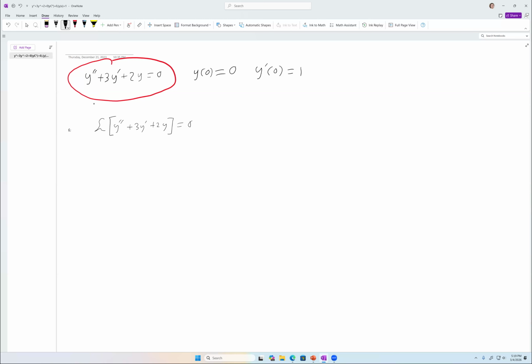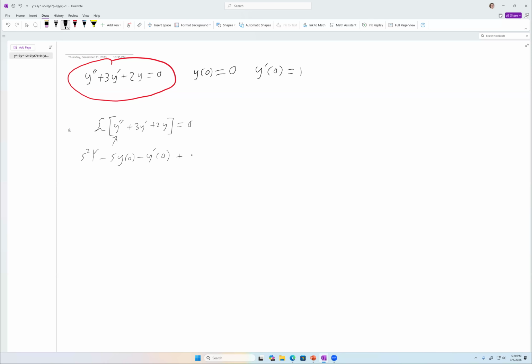So if we use our handy dandy sheet of tables, or we just remember it, for y double prime we're going to have s squared capital Y minus s y at 0 minus y prime at 0. That's going to be our first term.